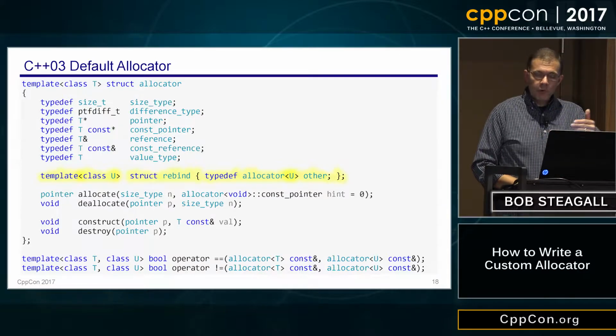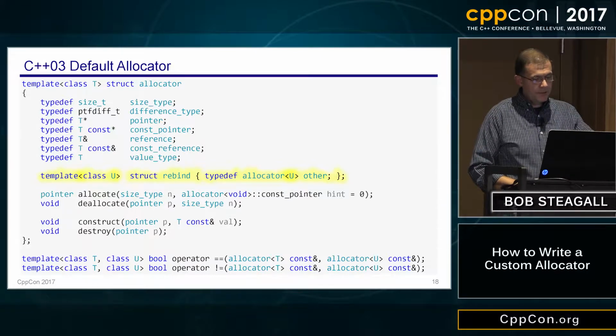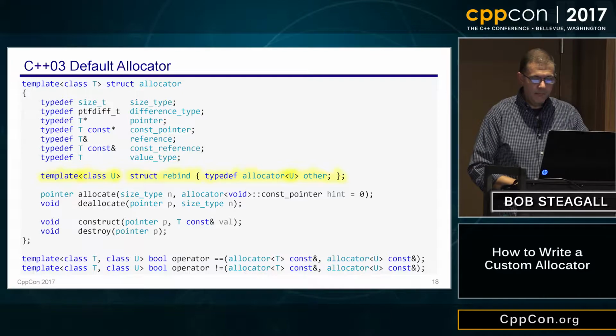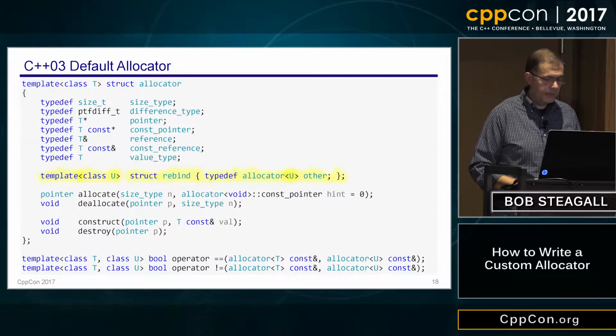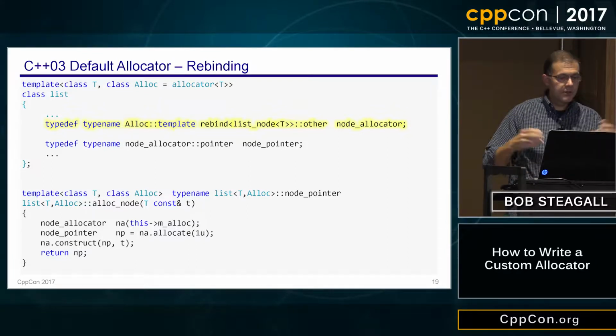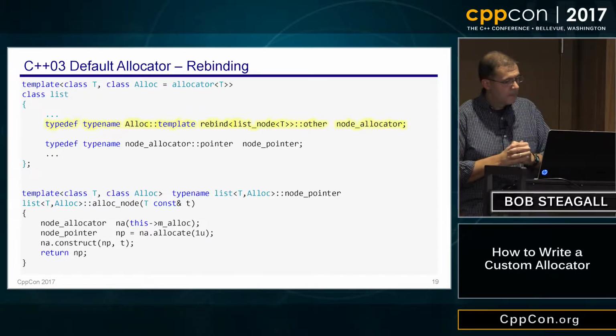So before we had template type aliases, the way we did this was by defining a small struct that had a member that we would use to do that type transformation. So here's a quick example of what that would look like. Suppose that we were implementing a list.